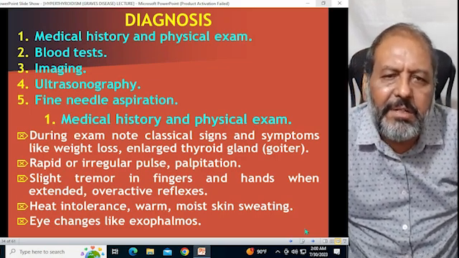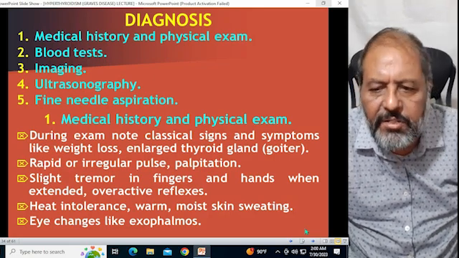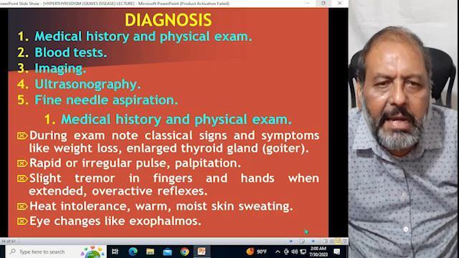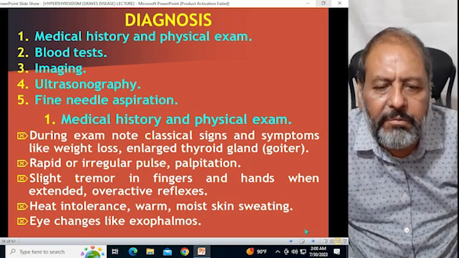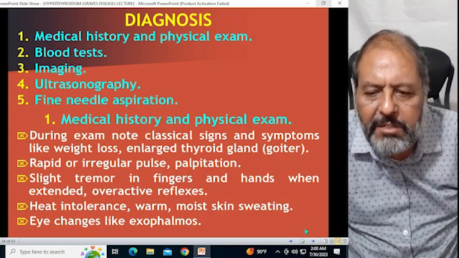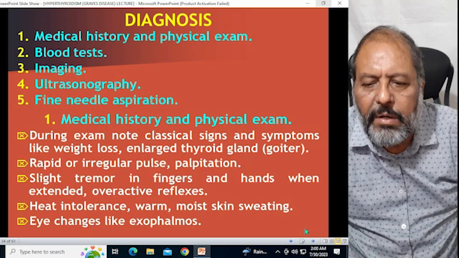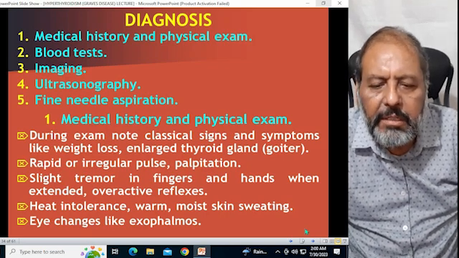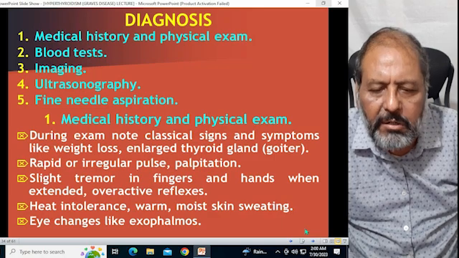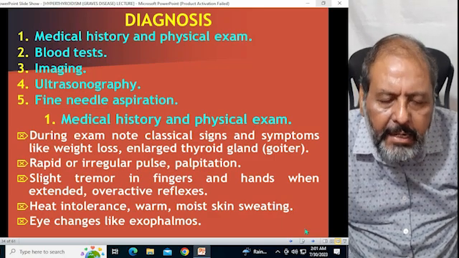During physical examination, one should note the classical signs and symptoms like weight loss, enlarged thyroid gland, the goiter in front of the neck, rapid or irregular pulse, and palpitation, slight tremor in the fingers and hands when extended, fully overactive reflexes of the body, heat intolerance, warm, moist skin, and sweating.